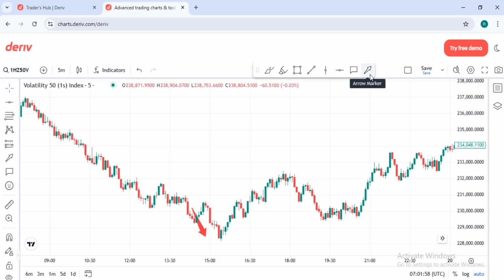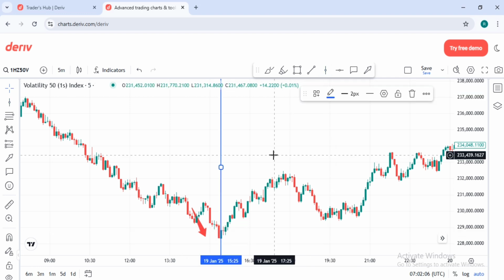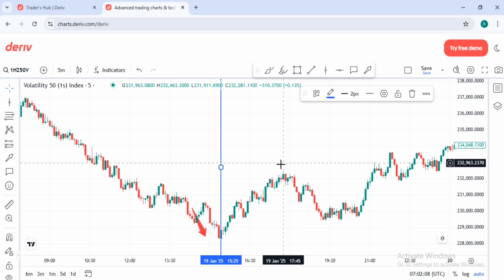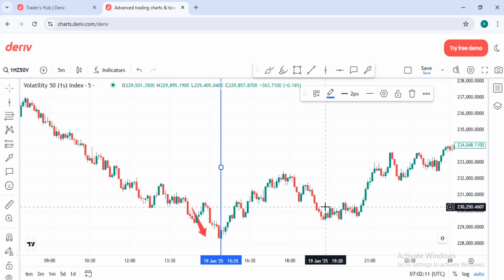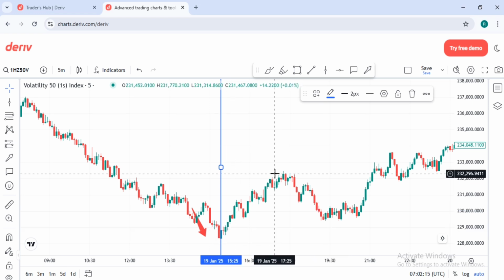I'm talking about this red candlestick. It starts below the red one and it closes past half of the red one. Let me remove this one.